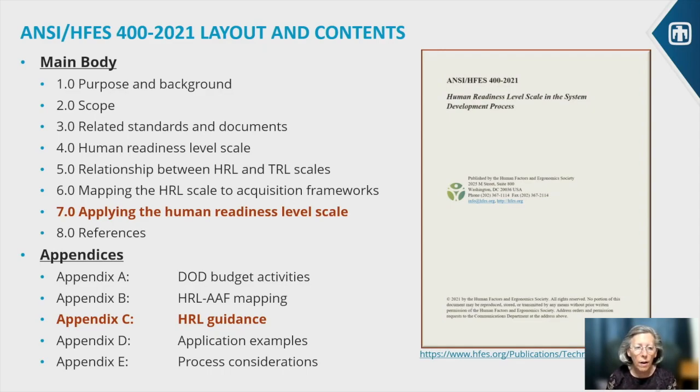The sections that I have highlighted here in this sort of reddish brown color, those are what I consider the meat of the standard. So section 7 in the main body on applying the human readiness level scale, the intent there is that if you're working with people outside the human systems community, people on the broader design and development team, your decision makers, your program managers, if they want to know, well, what is this HRL scale and what is this standard and what does that mean and how much extra work is that?